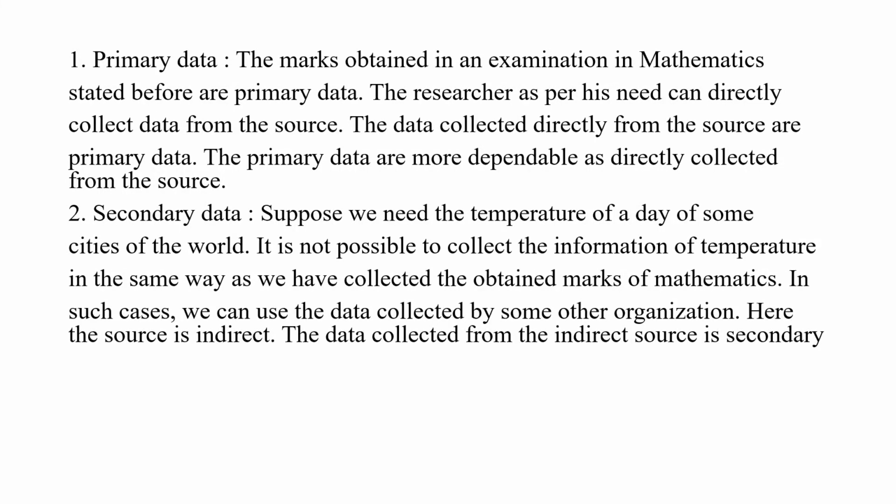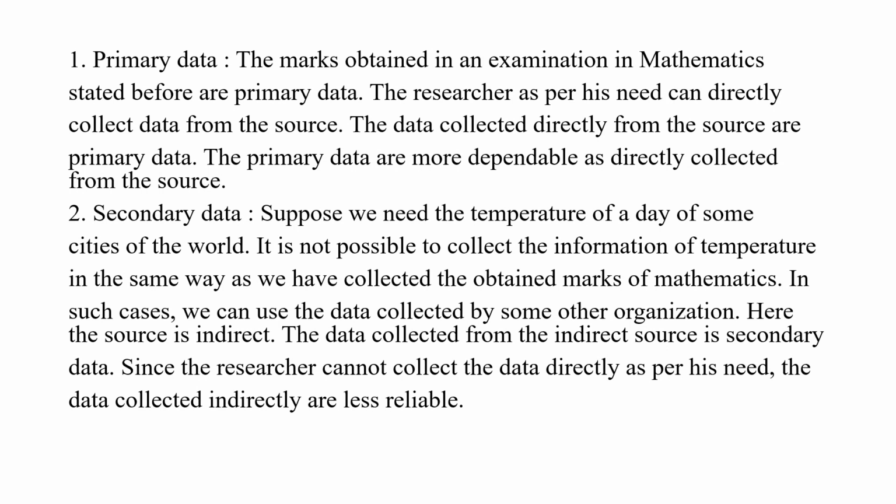In such cases, we can use the data collected by some other organization. Here, the source is indirect. The data collected from the indirect source is secondary data. Since the researcher can collect the data directly as per his need, the data collected indirectly are less reliable.